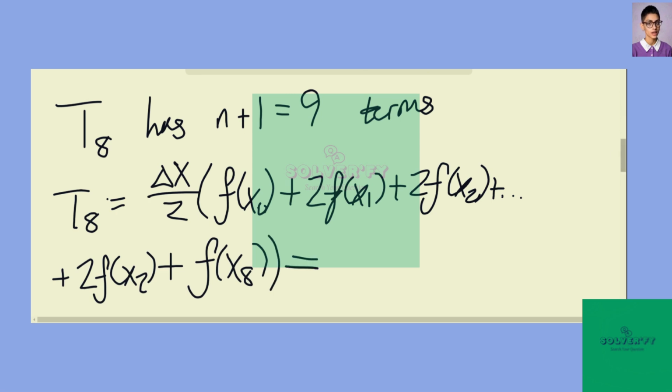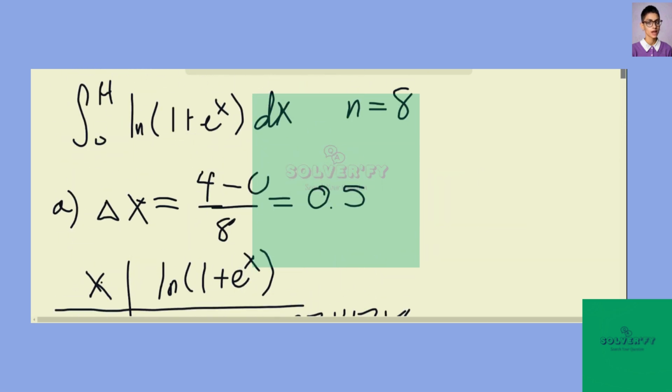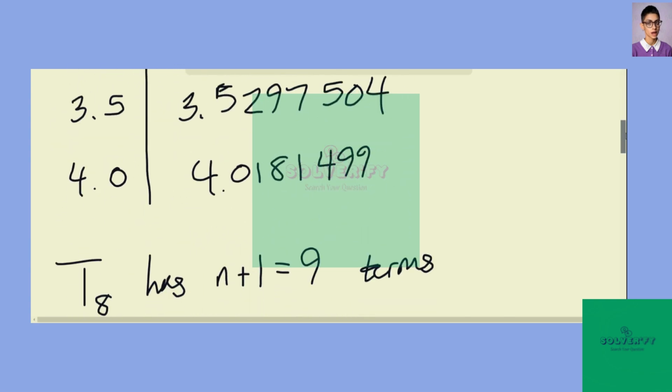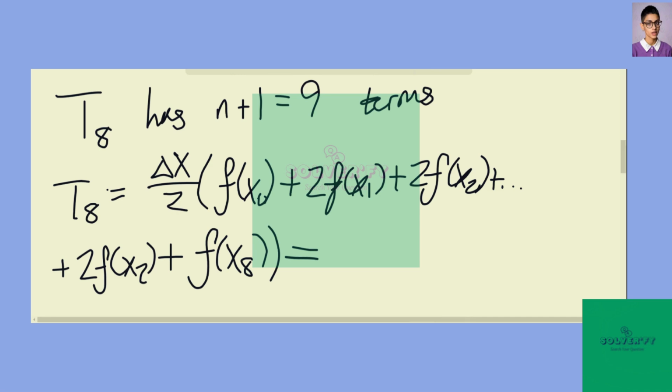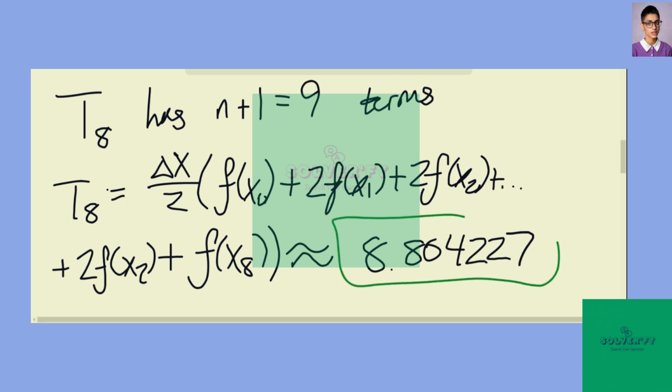Then we plug in the values for delta x, which is 0.5, and all of our values from the table into the sum, and the answer is approximately 8.804227 to 6 decimal places. And that's the answer for part A.